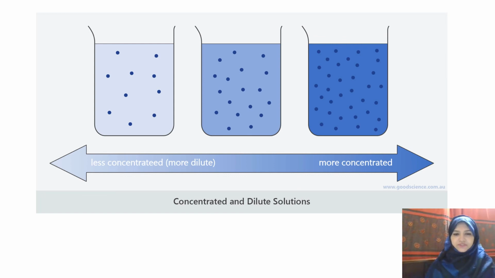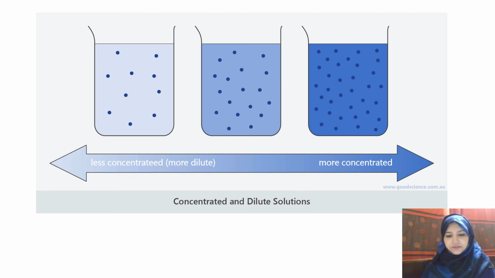This picture shows you the particle arrangement, the particles of solids arrangement. This one is lighter, that means dilute solution. In this one, the particles of solid are more dense than this one, and these are highly concentrated.